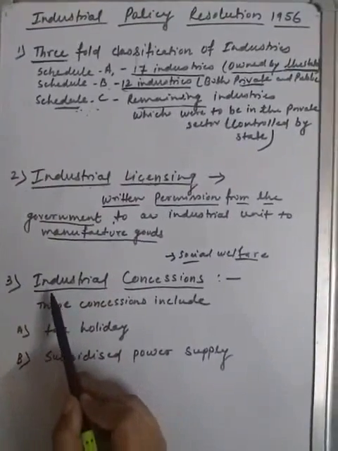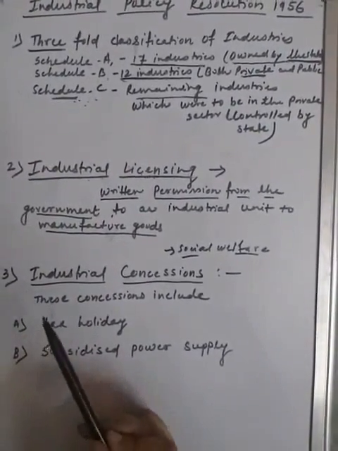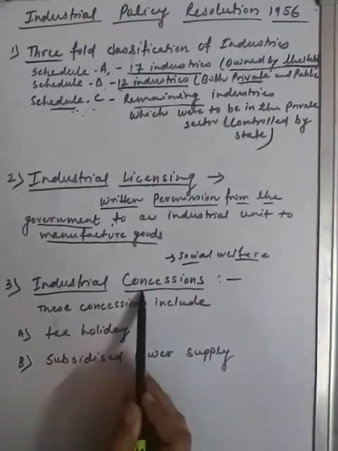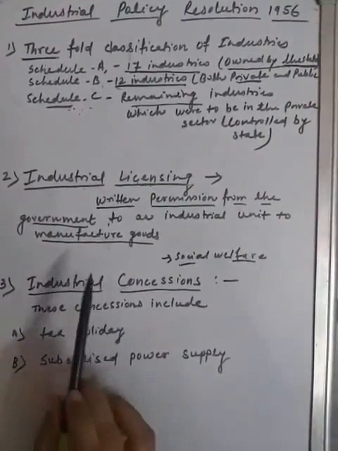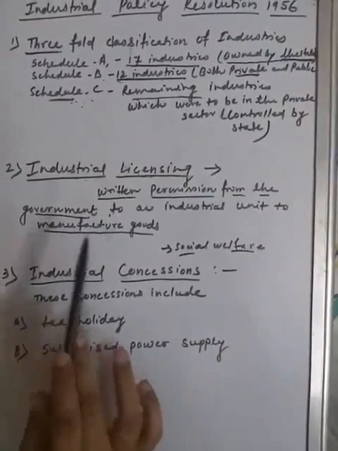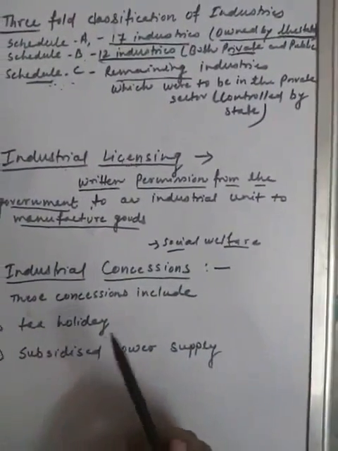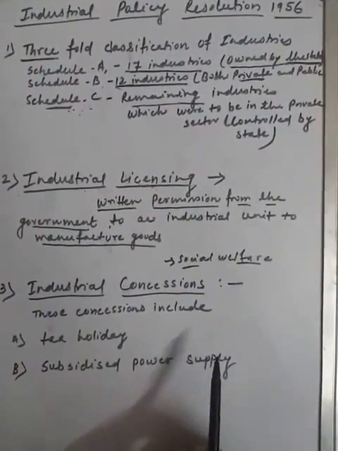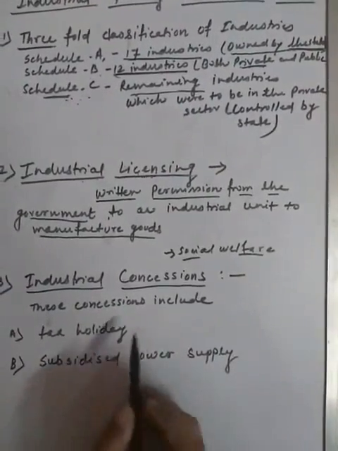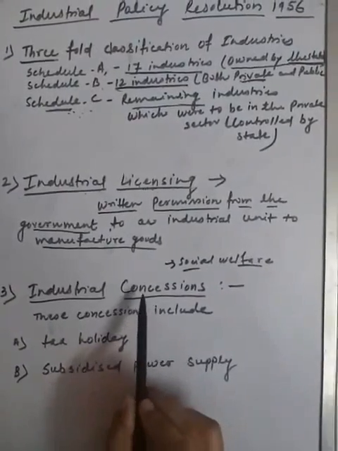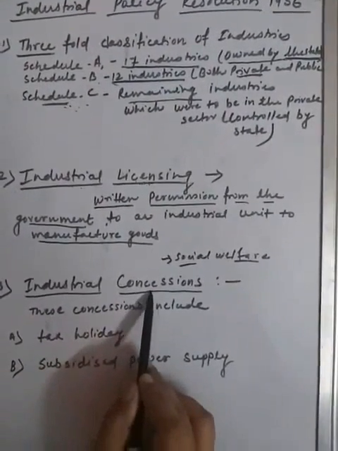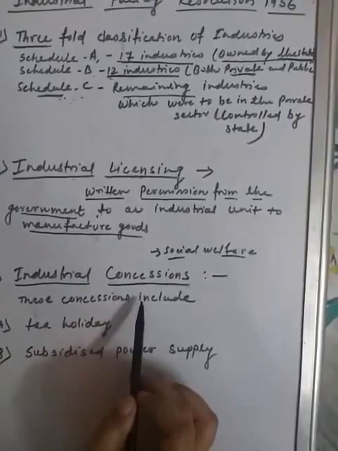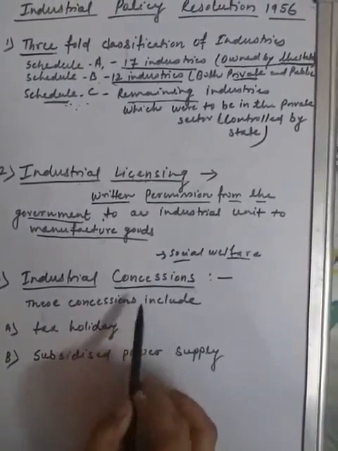The next major step of the government in Industrial Policy Resolution 1956 is industrial concession. As I discussed, the basic idea of the licensing policy was to encourage industry in the backward regions of the country. Private entrepreneurs were offered many kinds of industrial concessions, and here concession means relaxation, for establishing industry in the backward regions of the country.